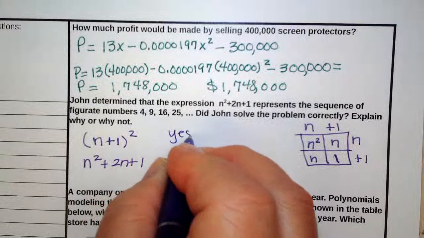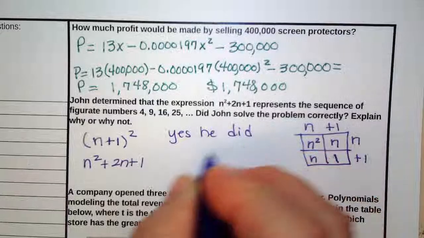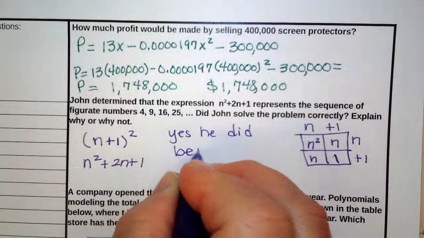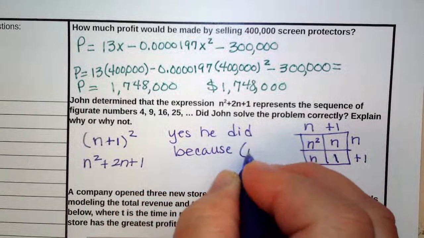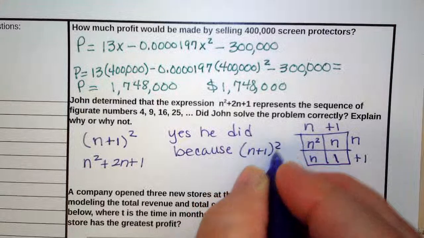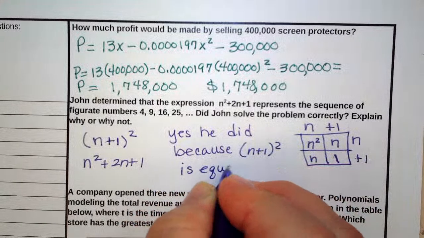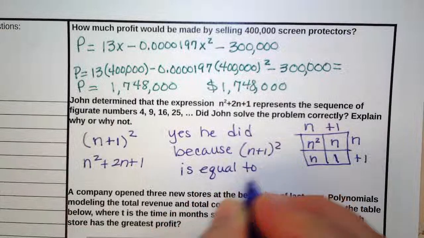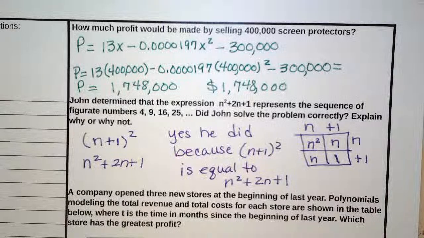Yes, he did, because n plus 1 quantity squared is equal to n squared plus 2n plus 1. And we're done. Any questions?